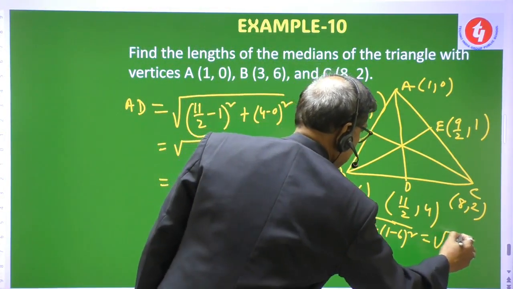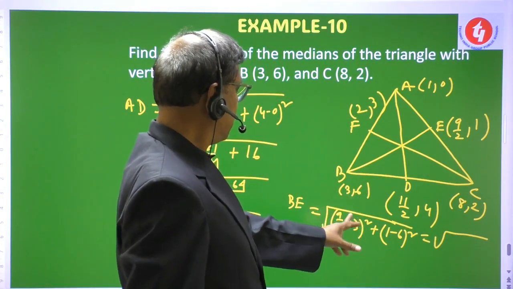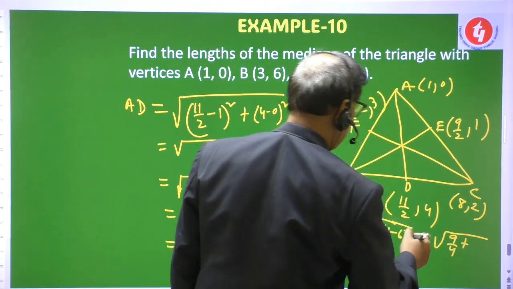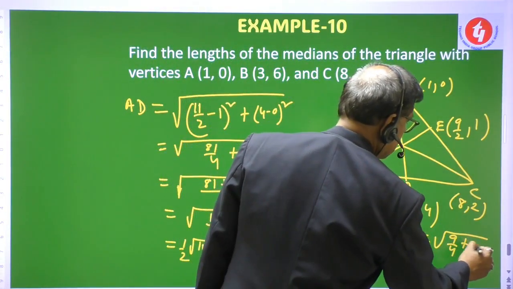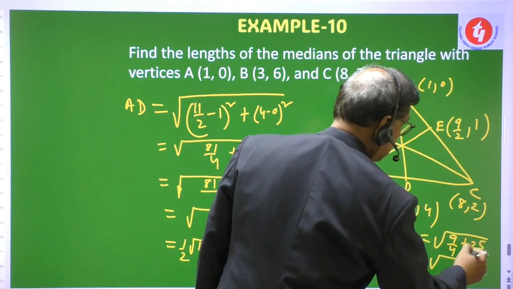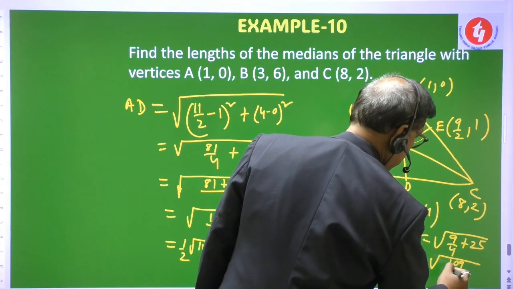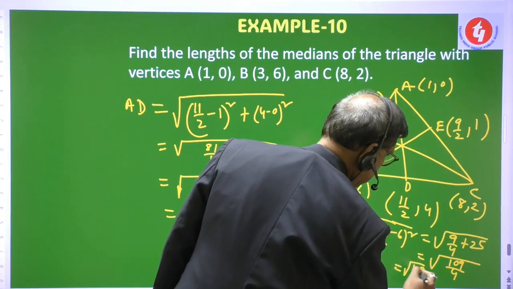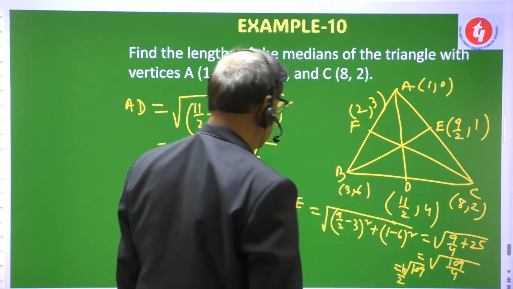This result, how much? 9 by 2 minus 3, that is 9 minus 6, 3 by 2 whole square, that is 9 by 4, plus 1 minus 6 is minus 5 whole square, that is 25. So the length of this median, 100 plus 9, 109 by 4, so we will get root over of 109, half into root over of 109.